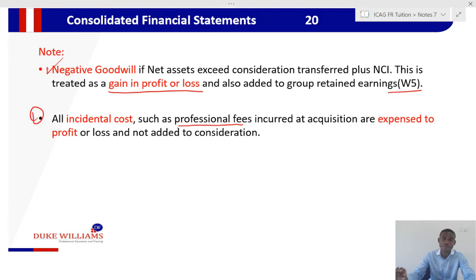Please take note. So in exam, such costs can be added to the consideration. You have to reverse that. Such costs should not be added to the consideration. So the incidental costs, all of which have to be expensed to profit or loss. Great.